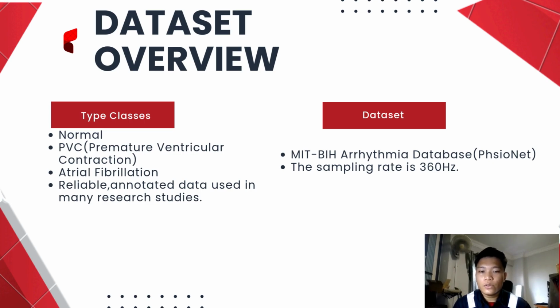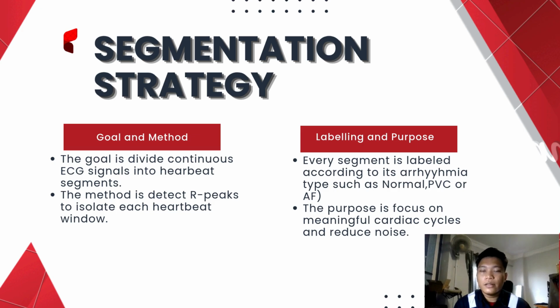So let's go through to the next slide, which is the segmentation strategy. As you can see in this slide, ECG signals are continuous, so we need to break them into meaningful pieces. I use R-peak detection to identify the highest point in each heartbeat cycle.